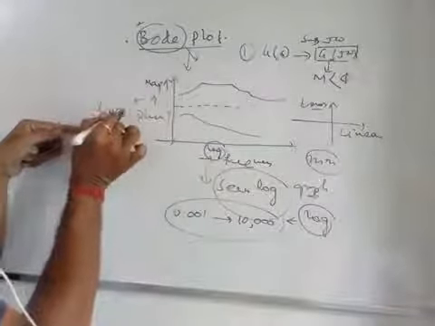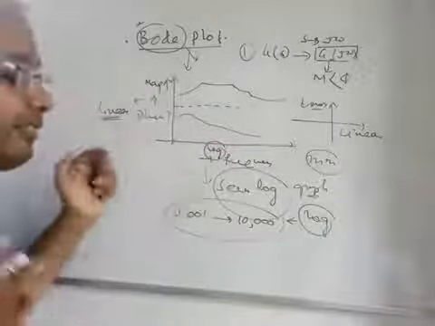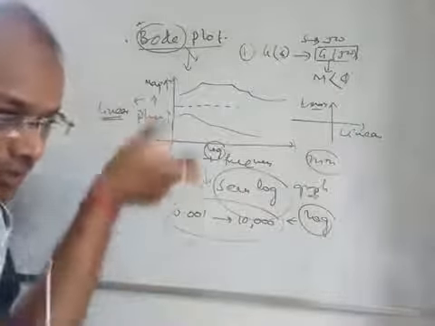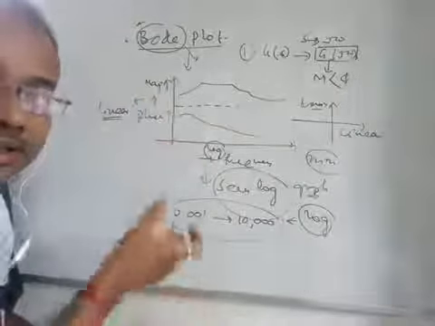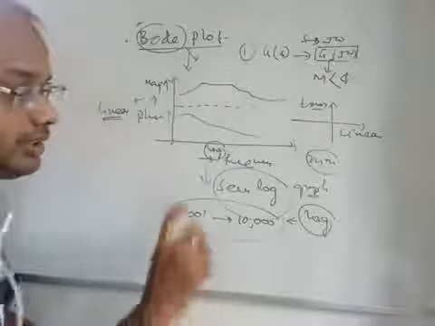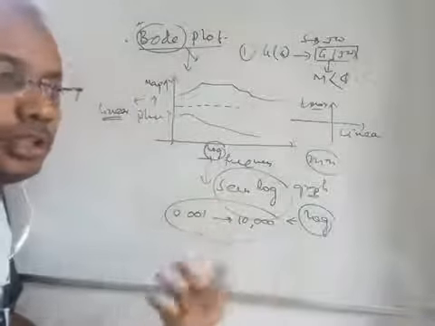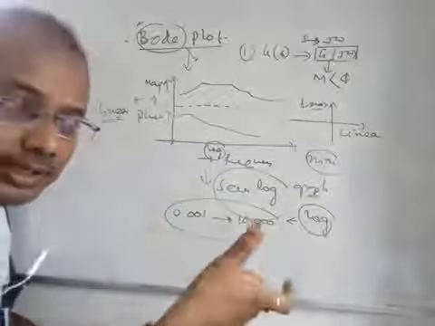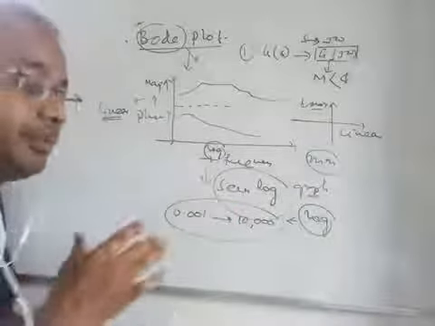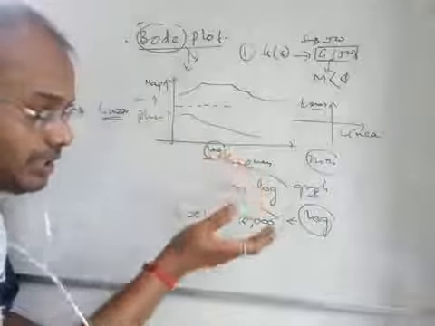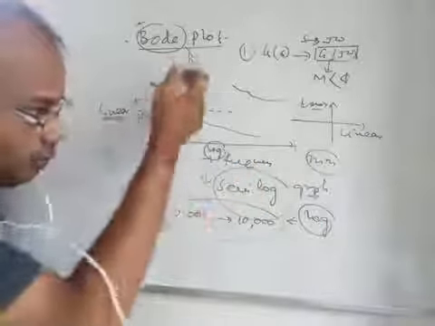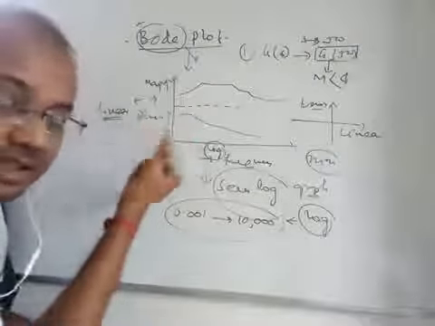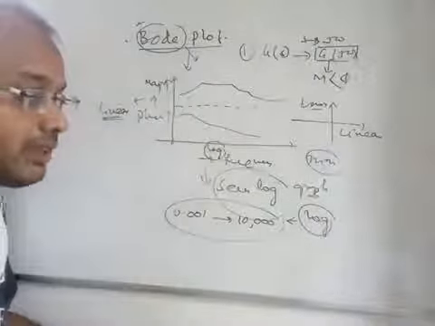So in this graph one axis, normally the x-axis, is logarithmically scaled and the y-axis is linearly scaled. That is why this is not a normal log graph paper. This is semilog: one axis is placed in logarithmic scale, and the y-axis is placed in linear scale, like millimeters. So this is called the semilog graph paper.